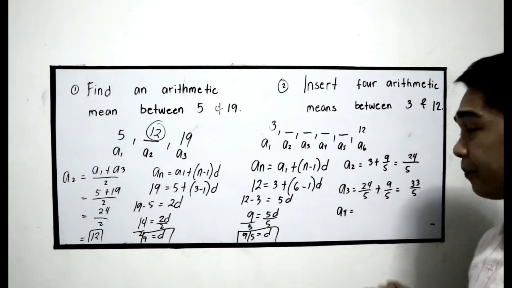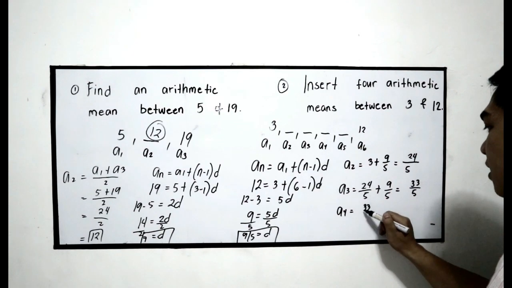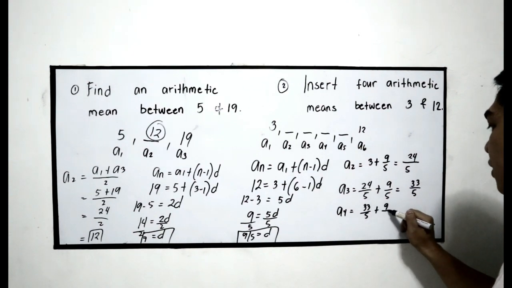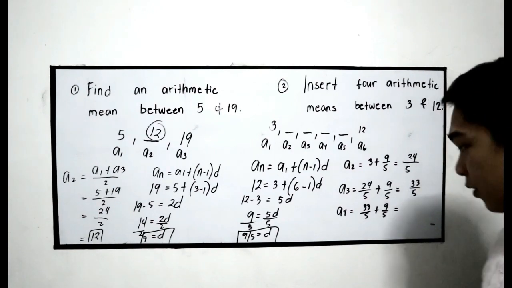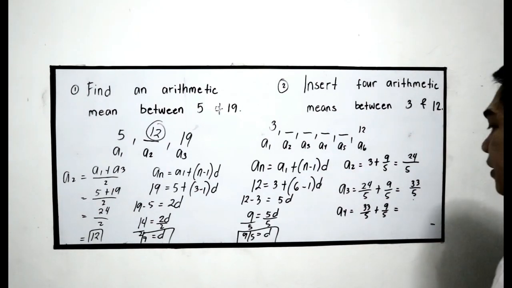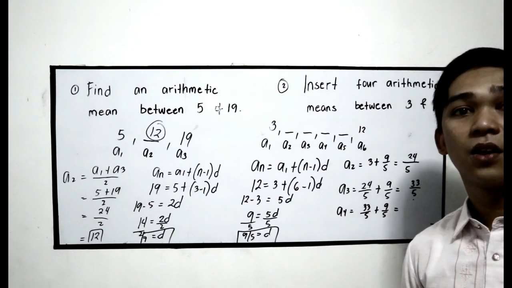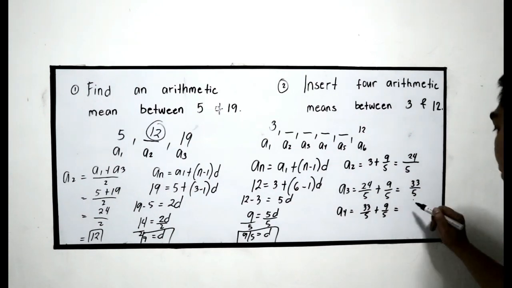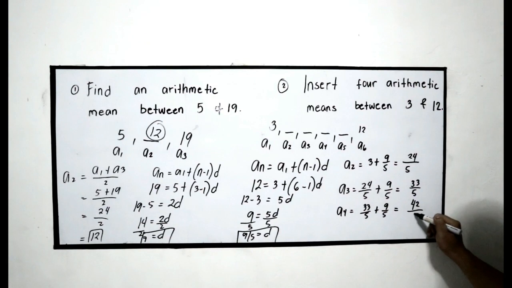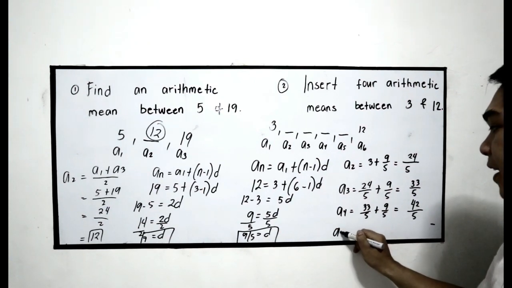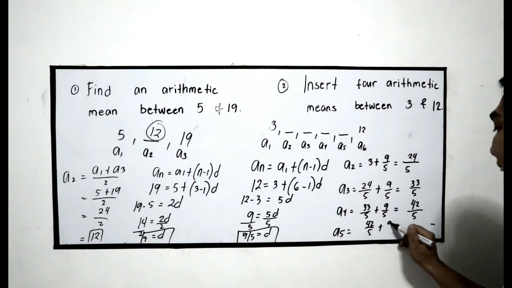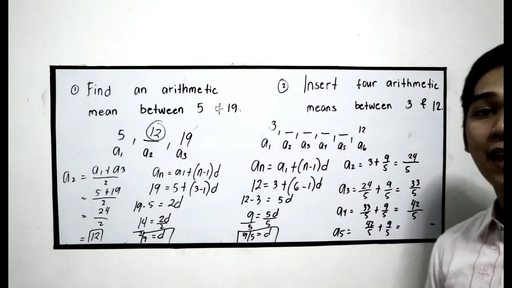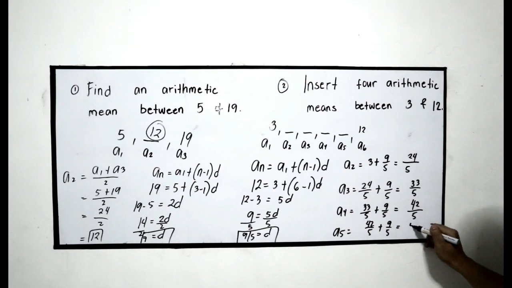Next, A4. 33 over 5 plus 9 over 5. 33 plus 9 is 42 over 5. And A5, 42 over 5 plus 9 over 5. That is 51 over 5.